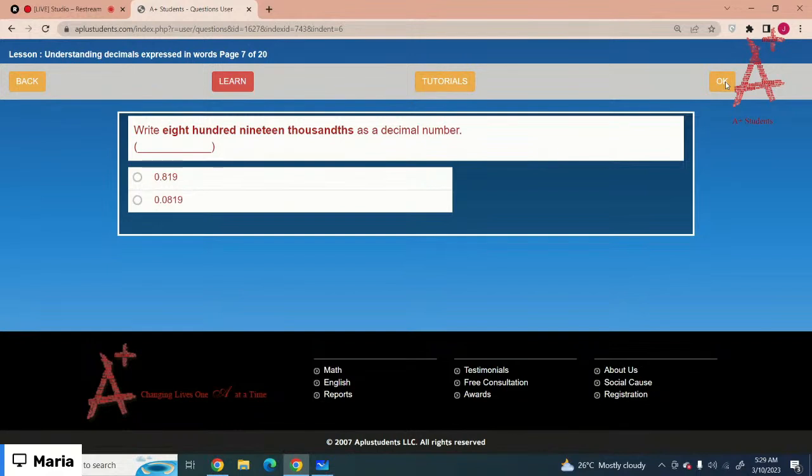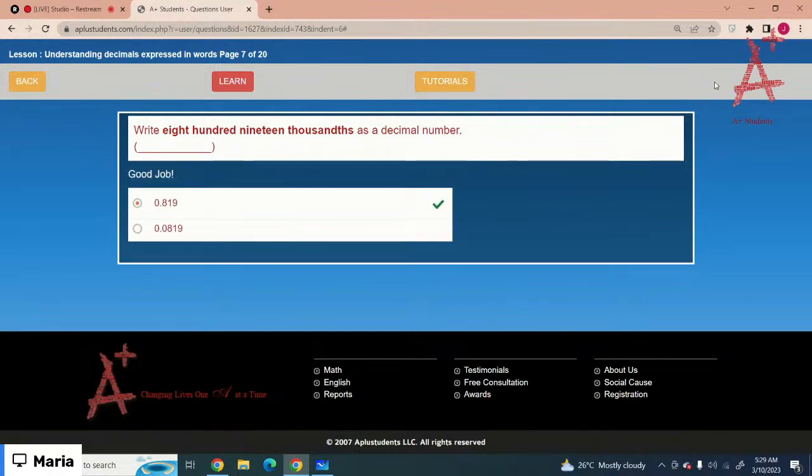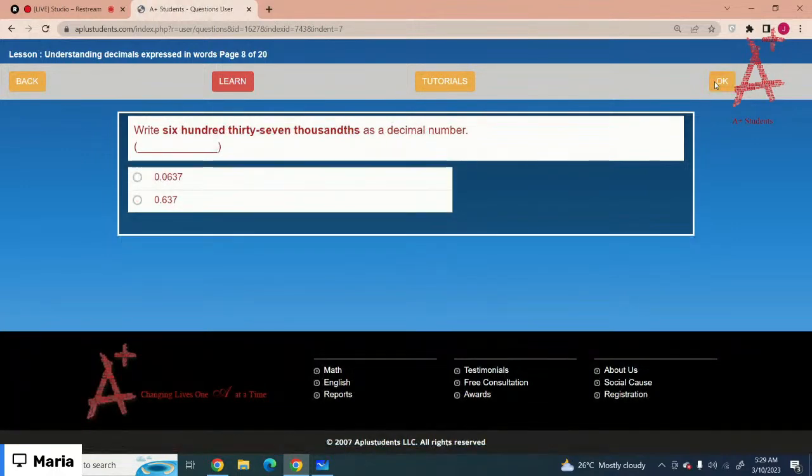So the correct option is 819,000. That would be 0.819. Got it? No one is answering why.